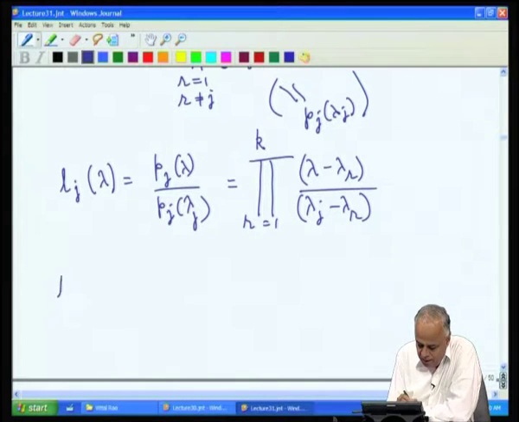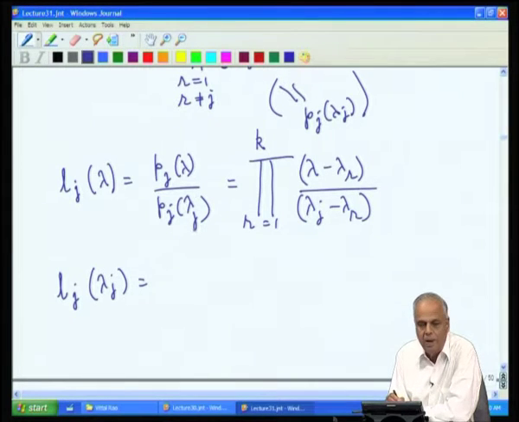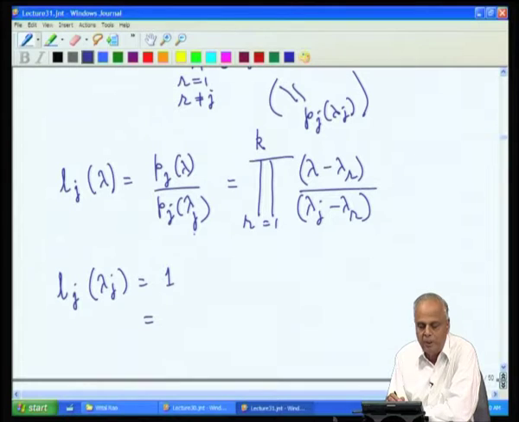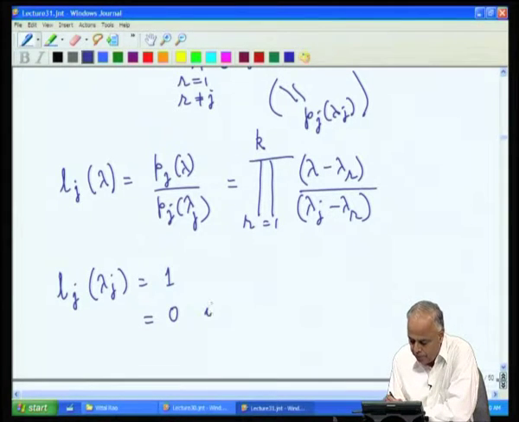And we find that L j lambda j is p j lambda j by p j lambda j, which from the definition is 1, and L j lambda r is p j lambda r by p j lambda j, but p j lambda r is 0 if r not equal to j. So L j lambda r equals 0 if r not equal to j.